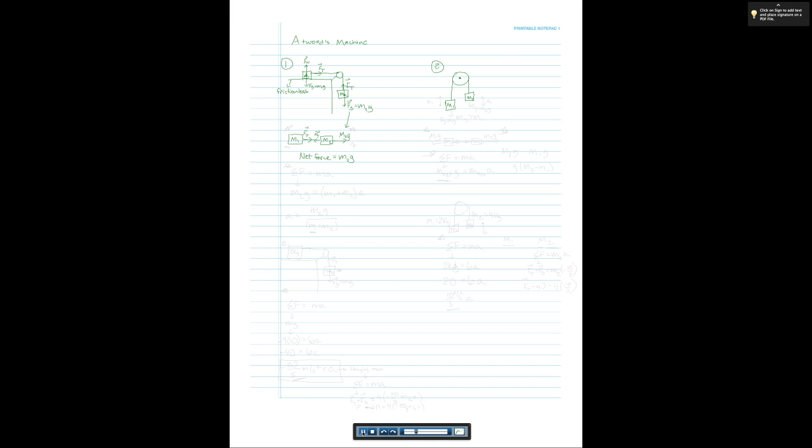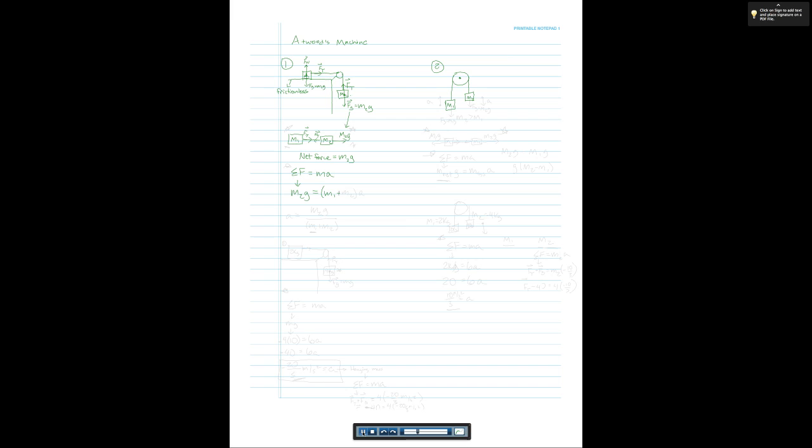Okay, so applying Newton's second law, the sum of my forces equals my mass times my acceleration. And for this block, M2, my net force is M2G. That's the only force that contributes to the overall acceleration. Now, my mass is the entire system.